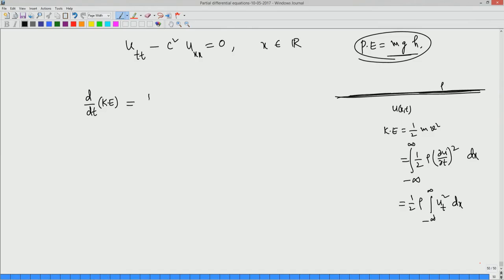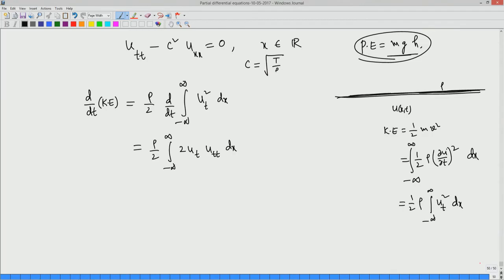I find the derivative: rho by 2 times d dt of the integral from minus infinity to infinity of u t square dx. Taking the derivative inside, we get rho by 2 times the integral of 2 u t u tt dx. We know c is the square root of T by rho, where T is the magnitude of the tension of the string.